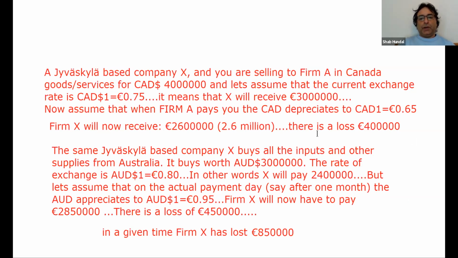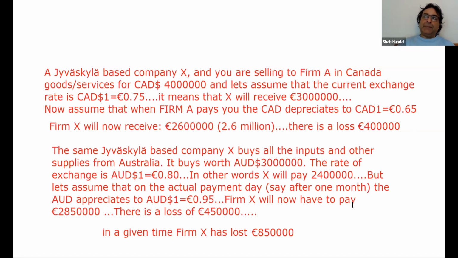I really want you to focus on the words depreciate and appreciate. There might be some confusion about why it's called depreciation and why it's called appreciation. Something which becomes expensive in the local currency is called appreciation, and something that becomes cheaper in terms of local currency is called depreciation.